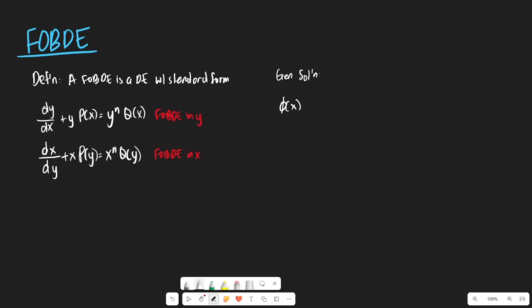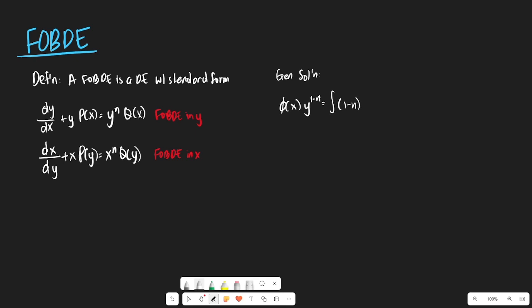Now that we have the x here, the one that is multiplied to it is actually the other variable, which is y. But for the general solution of a FOBDE, there is an extra exponent, y raised to 1 minus n.